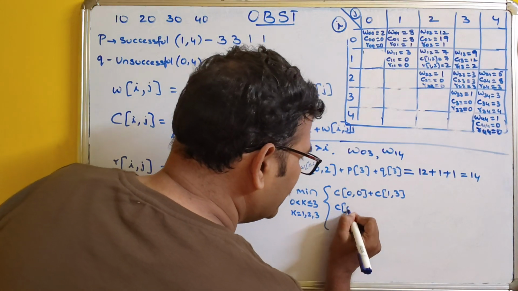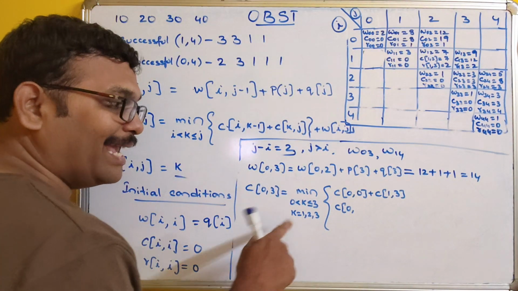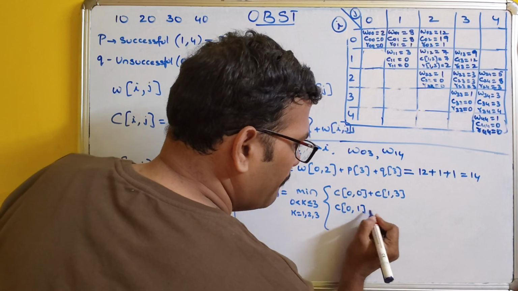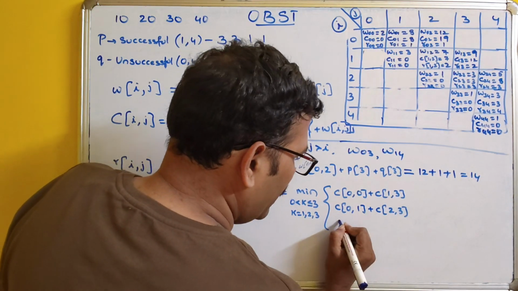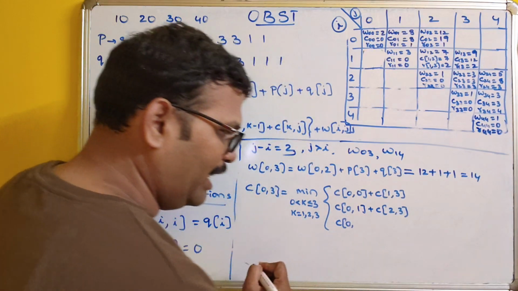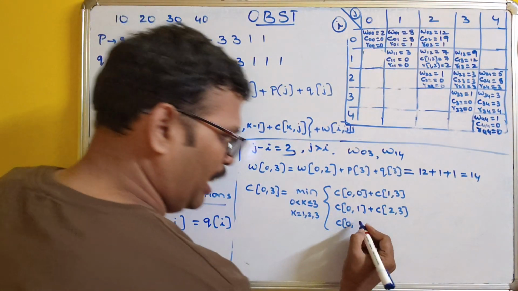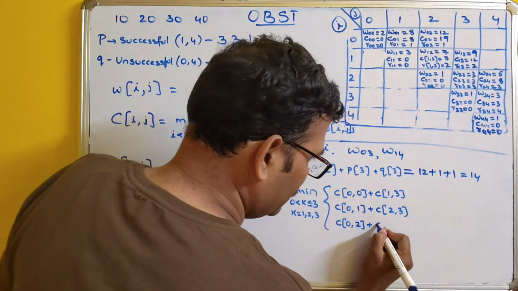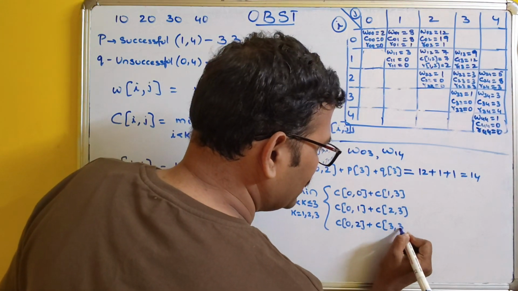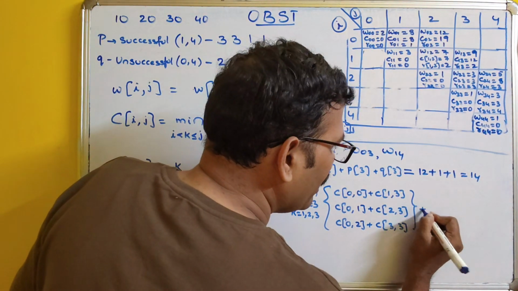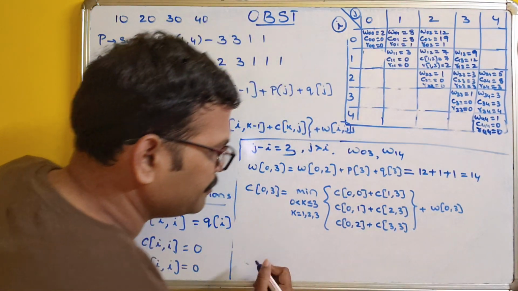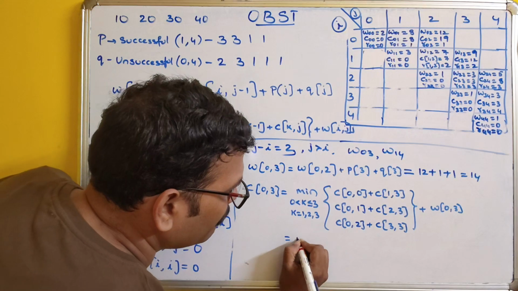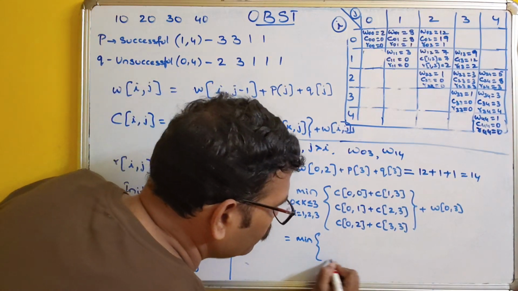Second case: C of 0,1 plus C of 2,3. And third case: C of 0,2 plus C of 3,3. And then add W of 0,3. Now you can consider here the minimum among these three values.